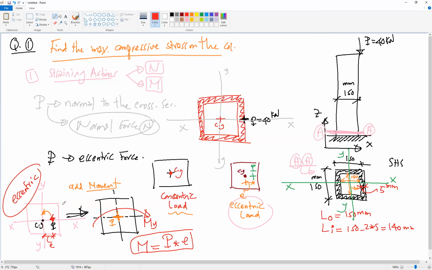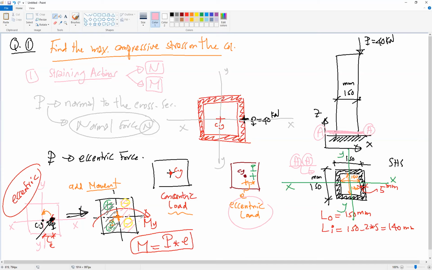So this moment will be about the y axis. Okay, and because I assumed that this load is pushing in this direction, the moment will cause compression in this side and tension in this side. I mean that this part will be under tension and this part will be under compression because the force is pushing on the right half.